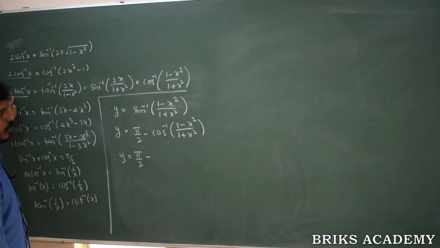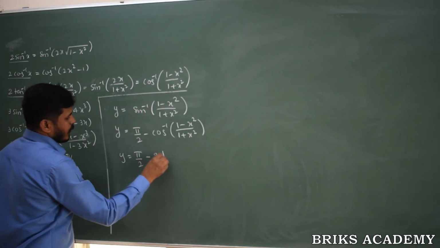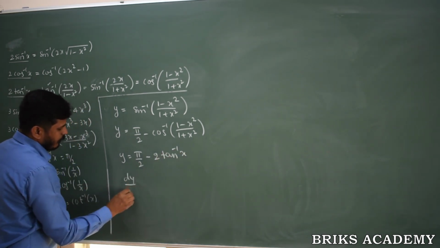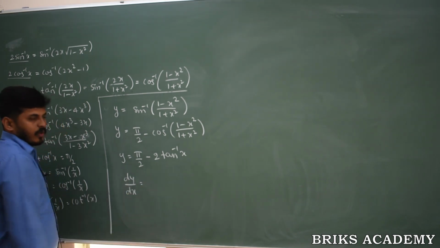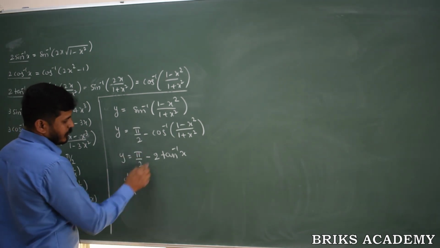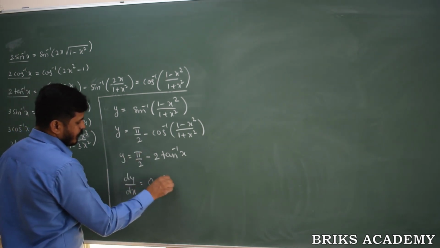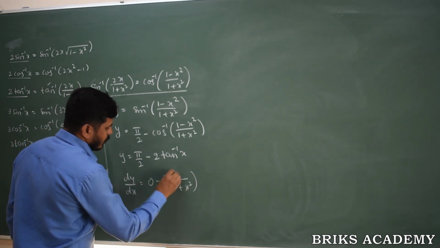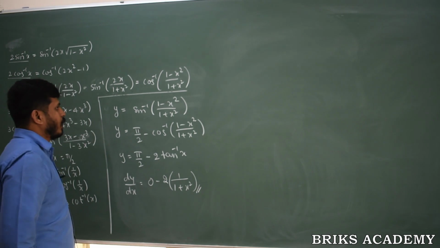It is nothing but 2 tan inverse x. Now differentiate. dy by dx is equal to, what is the differentiation of pi by 2, which is a constant? 0, minus 2 into tan inverse x differentiation, which is 1 by 1 plus x square. This is the differentiation.